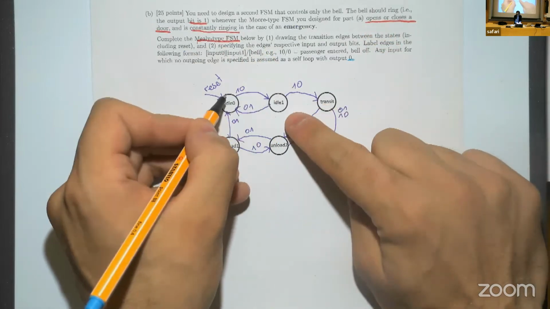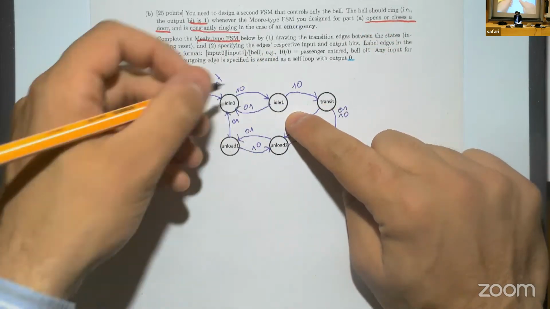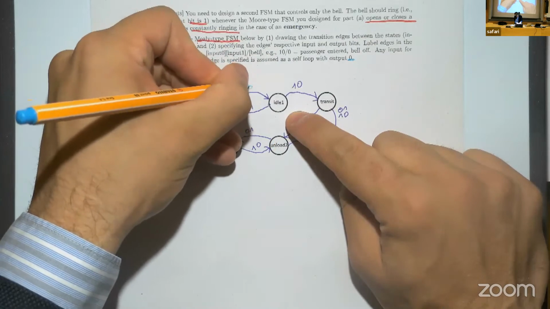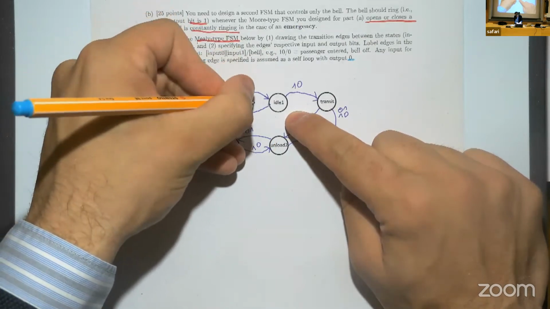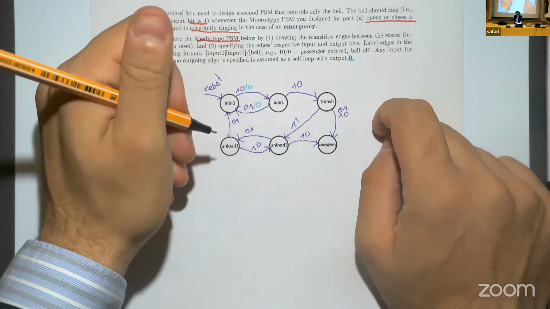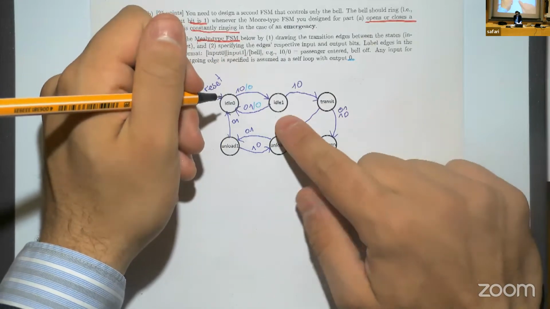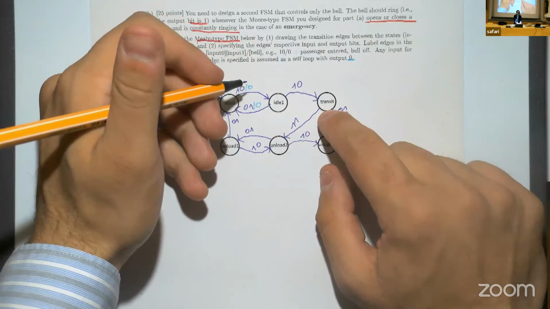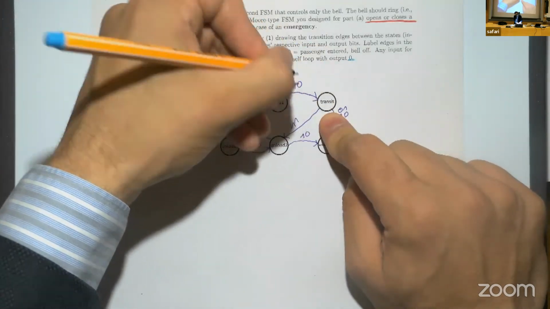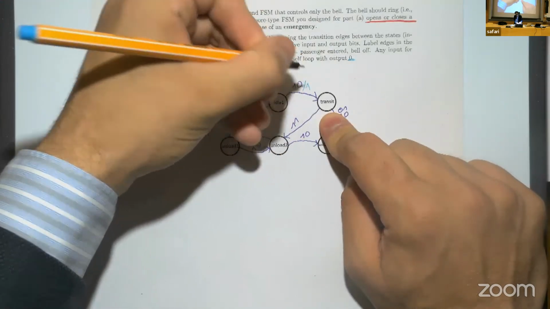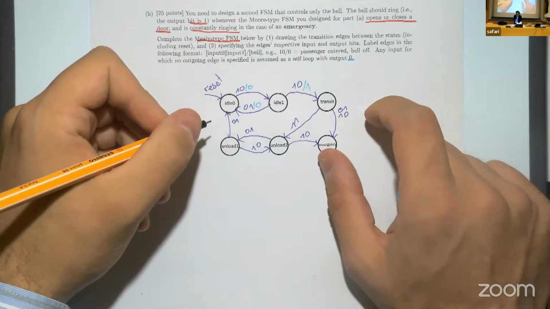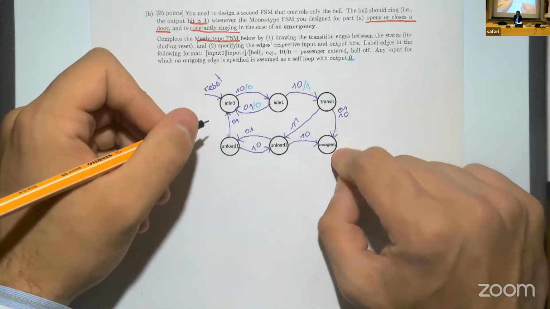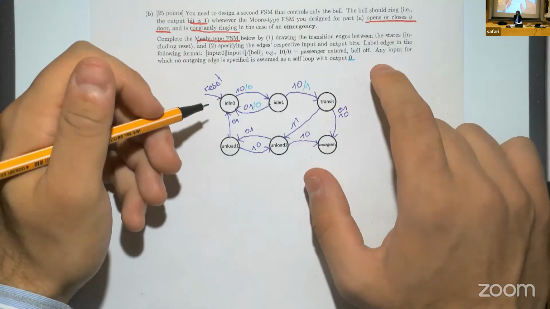Well, between idle states, it certainly doesn't change anything. So if you just remain idle but with different passenger counts, there should be no bells ringing, no doors open or close. We close from idle state to transit. We of course close the door, right? We start driving. So the output bit is 1. Then when going into emergency state from transit, we open all doors.